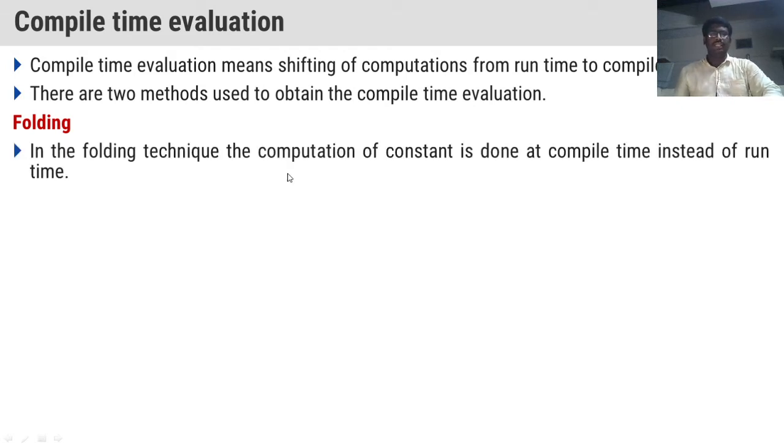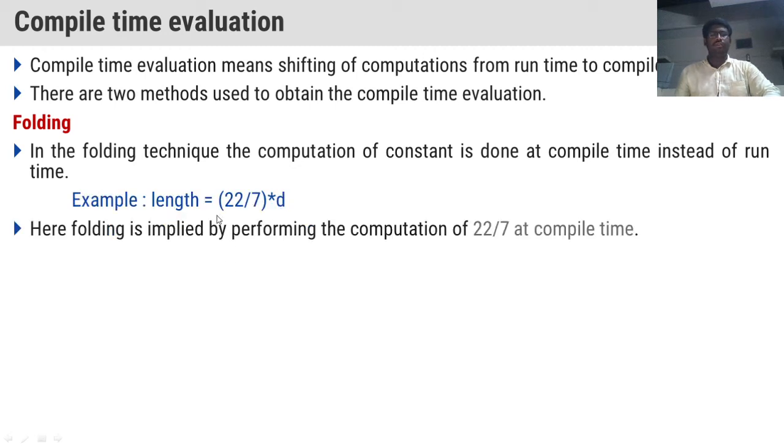The folding technique is implemented during compile time. Let us understand with an example. We have taken length equal to 22 by 7 into d. Here folding is implied by performing the computation of 22 by 7 at compile time.